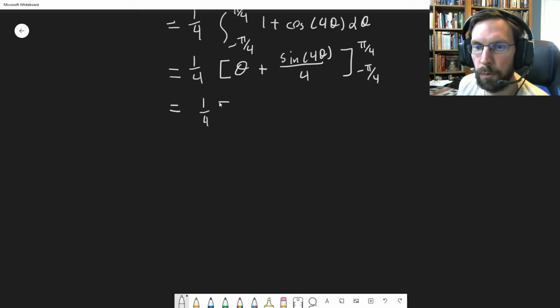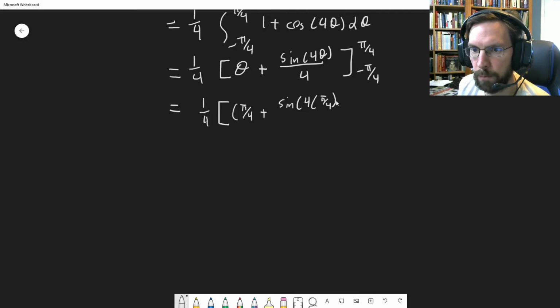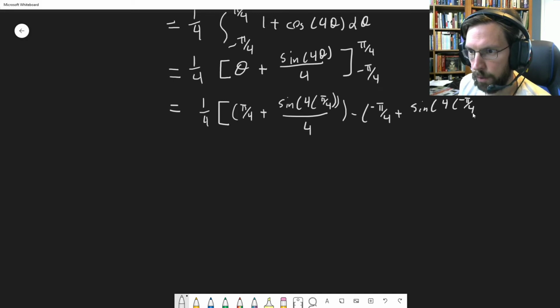We keep the 1/4. Now we plug in our endpoints. So we should get pi over 4 plus sine 4 times pi over 4, over 4, minus negative pi over 4 plus sine 4 times negative pi over 4, over 4.